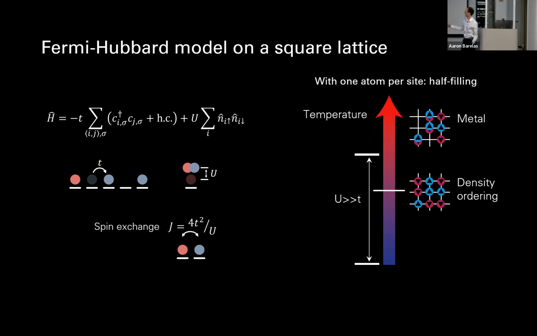That energy scale is called the spin exchange, denoted by J, proportional to tunneling squared divided by U. And essentially, it defines a third energy scale, which in usual conditions is smaller than the interaction energy, and below which, in terms of temperature, you start to have antiferromagnetic order in a square lattice, where each up atom is occupying the odd sites of the lattice, each down atom is occupying the other sublattice.